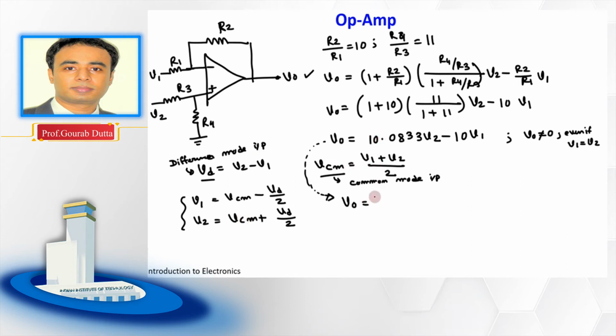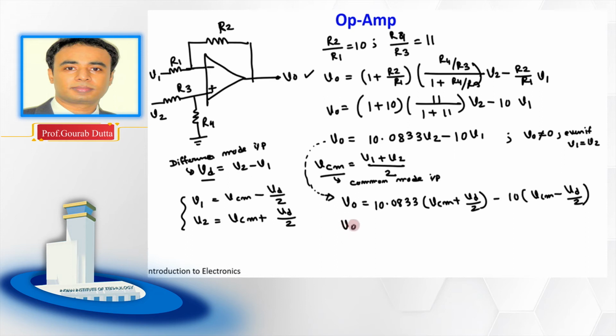So let us do that. It is basically 10.0833 into V2, which is VCM plus VD by 2, minus 10 into VCM minus VD by 2, isn't it?